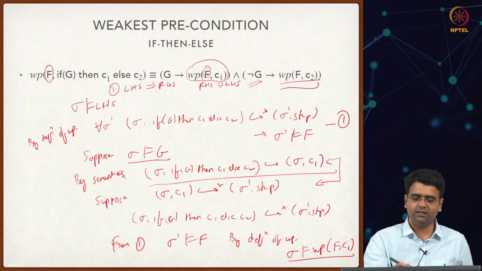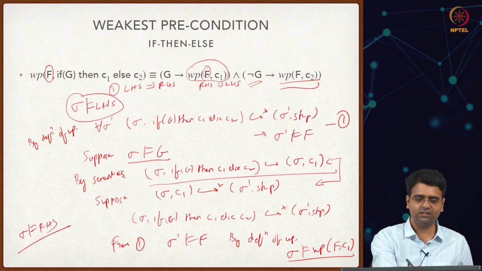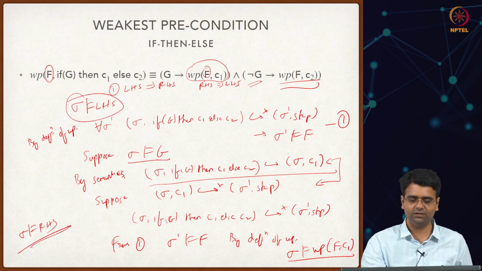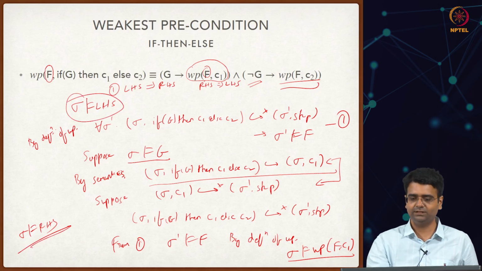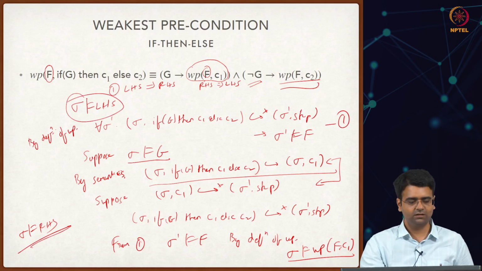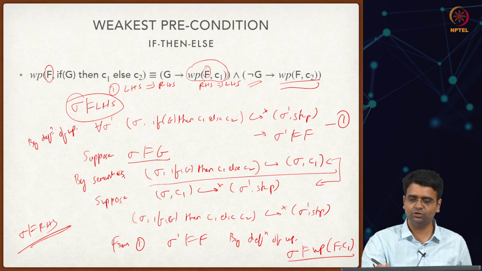So, using these, we have essentially shown that sigma is also a model of the right hand side. We started with sigma as a model of the left hand side, and we showed that sigma is also a model of the right hand side, which shows that the left hand side implies the right hand side. I have skipped that particular step where you start with sigma is a model of not G and then show that sigma is a model of WP(F, C2).